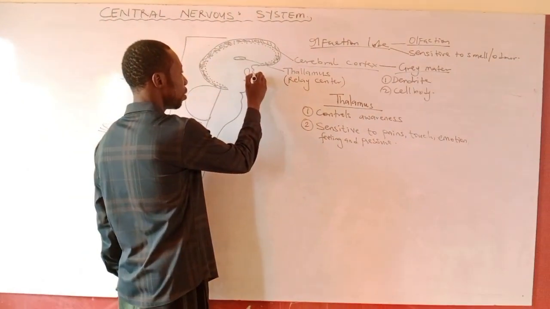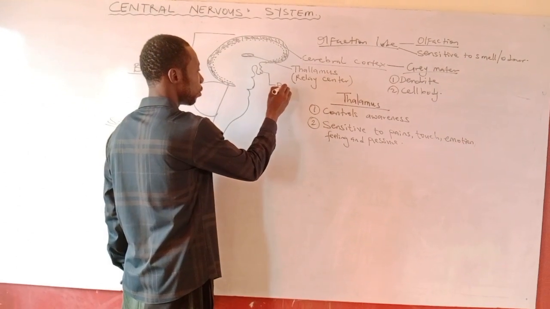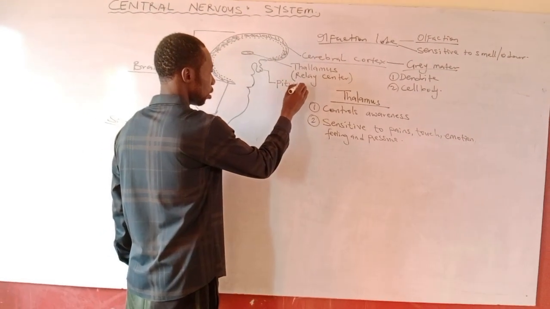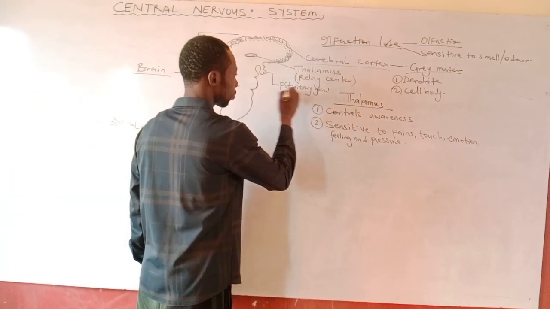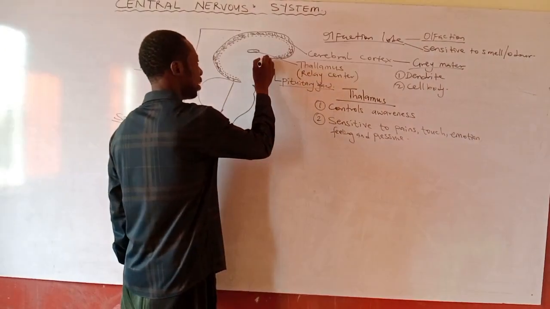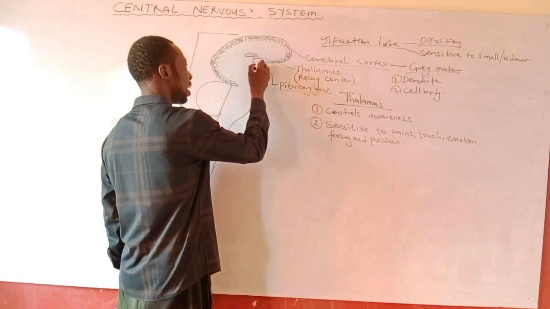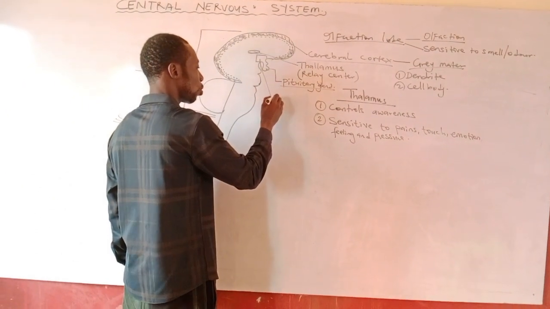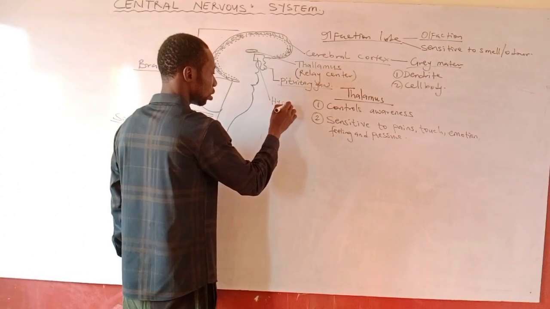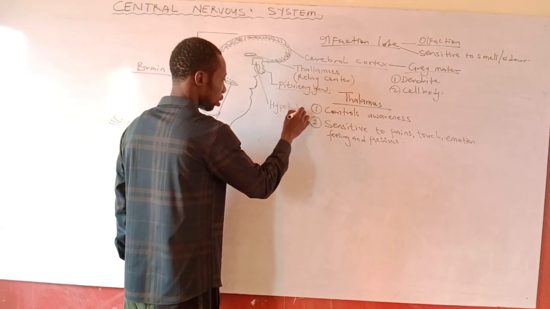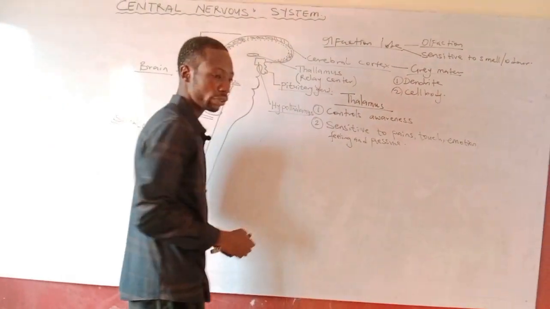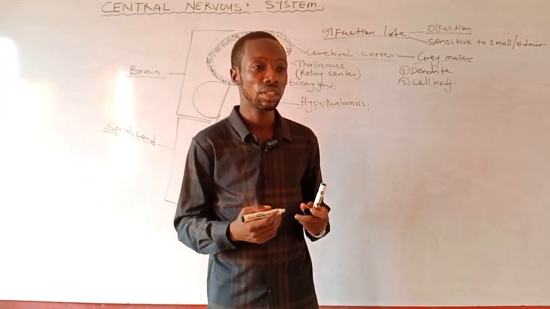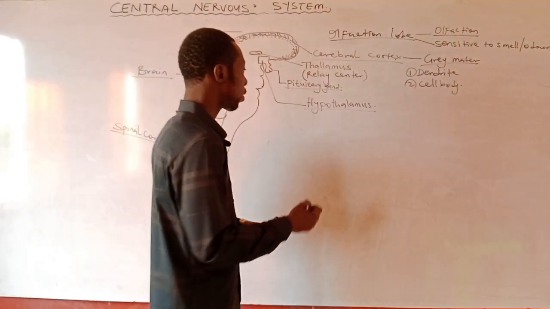Here we have the pituitary gland, which is connected to the hypothalamus. The hypothalamus functions are involuntary. Okay.